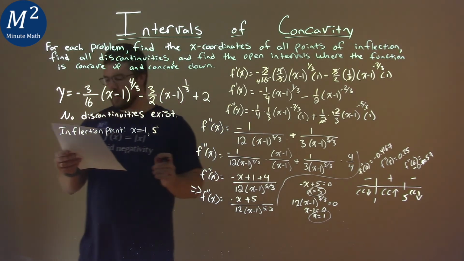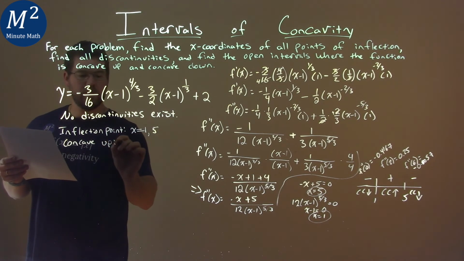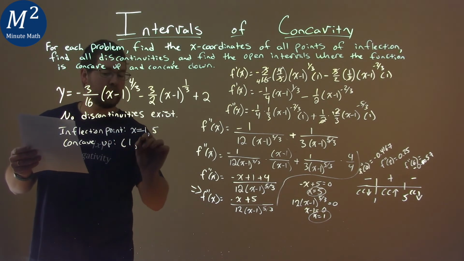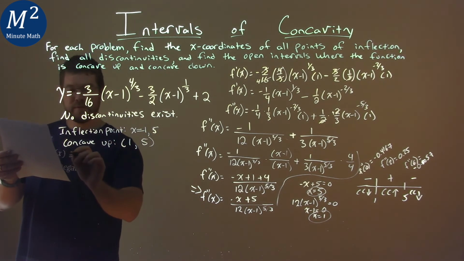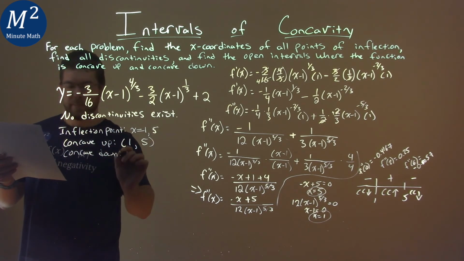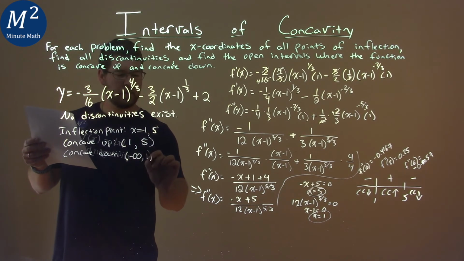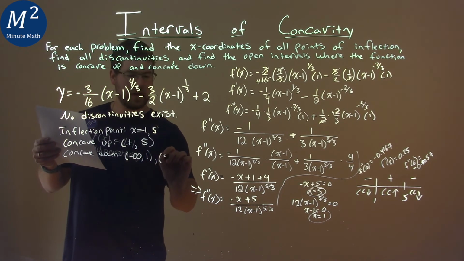Now we're concave up from 1 to 5, so we're concave up on the interval from just 1 to 5, but we're concave down on the interval from negative infinity to 1, and from 5 to positive infinity.